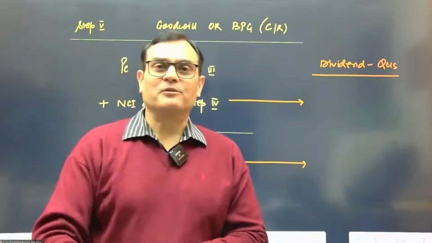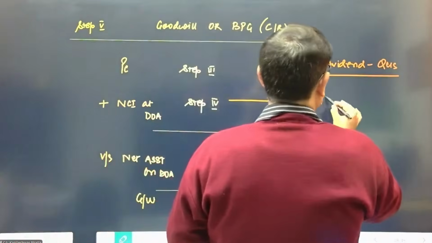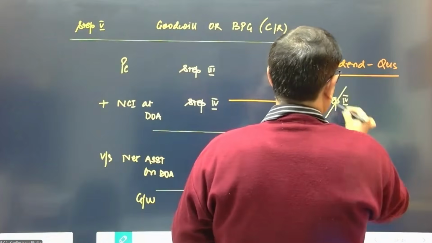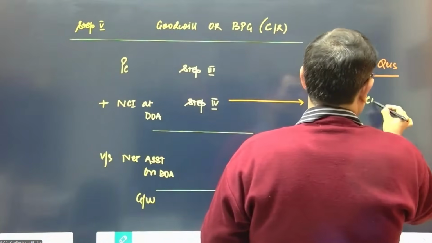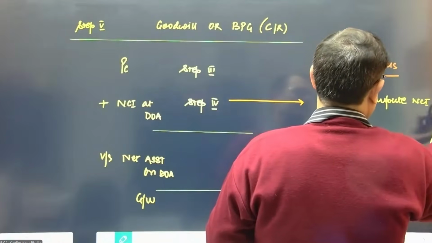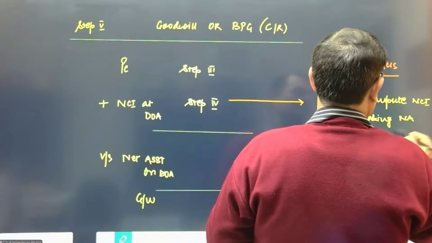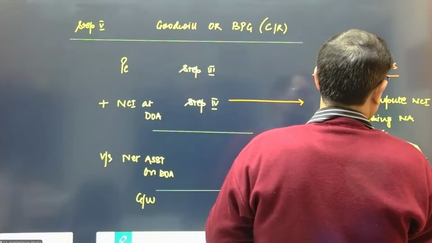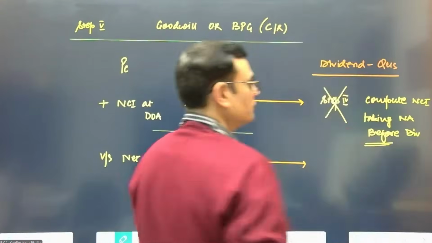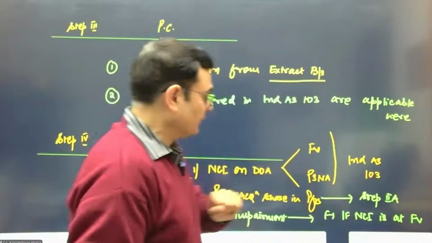Because when you need to calculate goodwill, it is on the date of acquisition. So in this case, don't take the information from the step number 4. In that case, we will compute NCI taking net assets before dividends as a base. So we'll take the NCI calculations without taking dividends. And let me just also connect the dots out here.